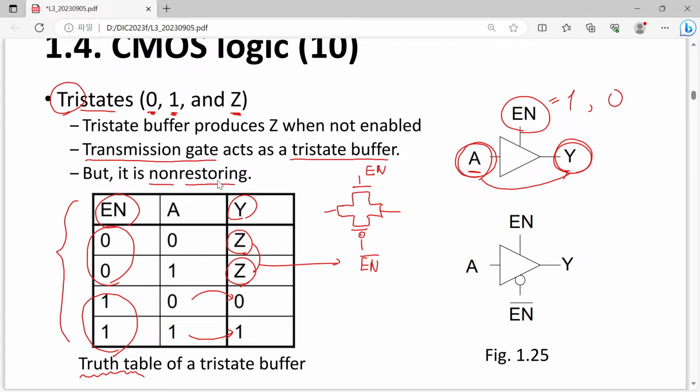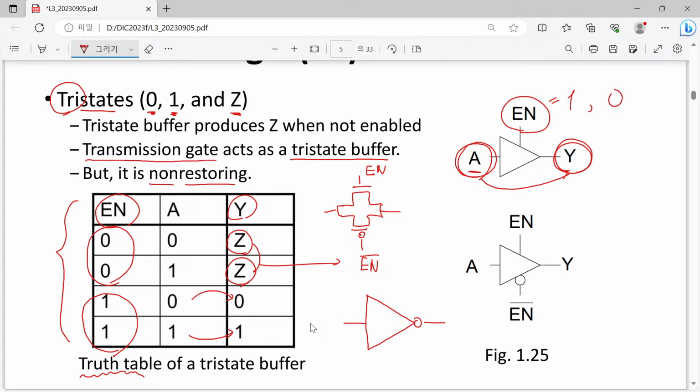What was the meaning of the terminology non-restoring? Then what was restoring? Let's think about restoring. The representative example was this CMOS inverter. Let's say you have 0.1 volt, a seemingly quite weak signal, a weak 0. Following the CMOS inverter, what was your output?